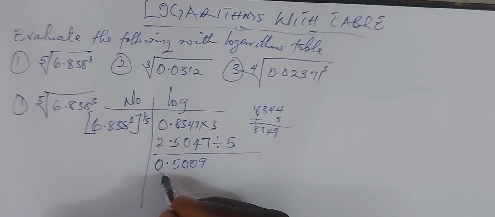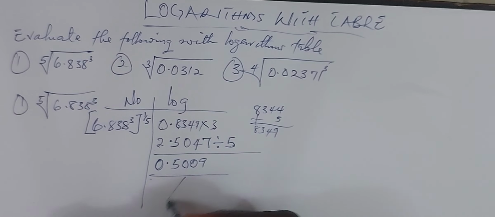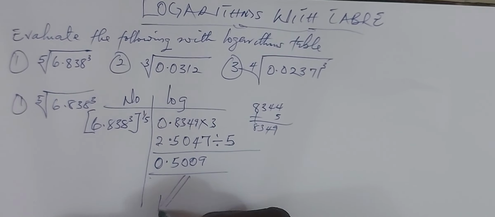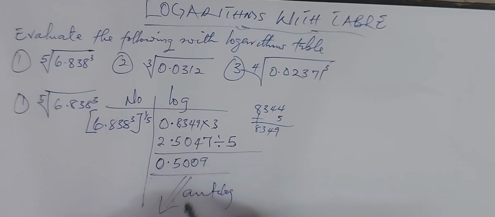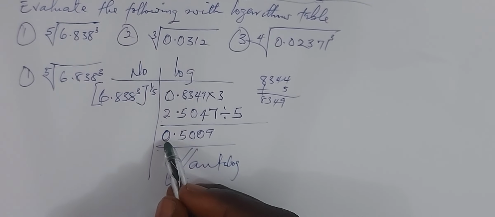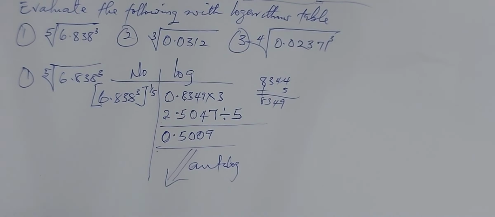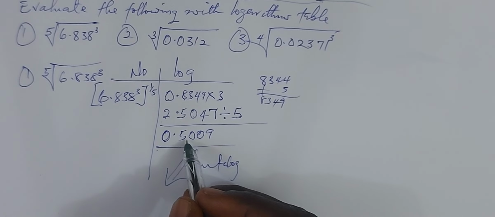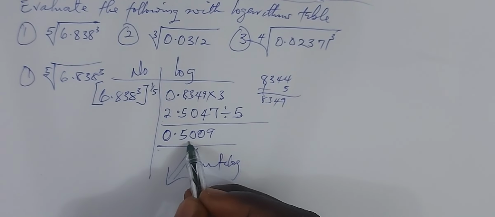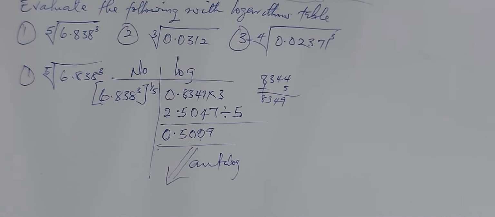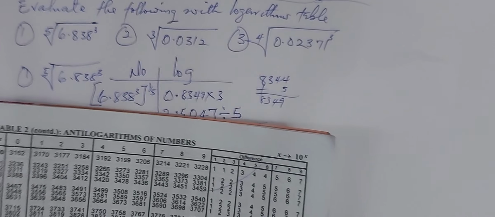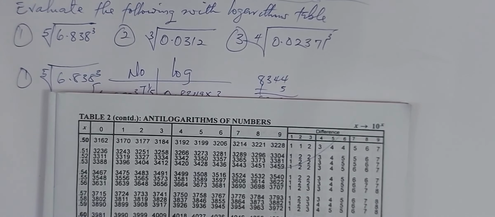Okay? So this is what we'll look for the antilog of. Remember the integer part. So now we are going to use our antilogarithm table. We look for 50 under 0, difference 9. If you look at your 50 here, this is the antilogarithm table.